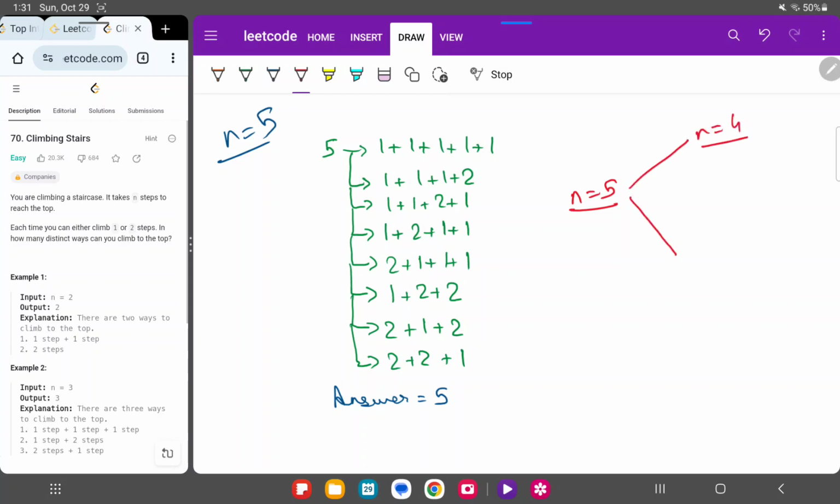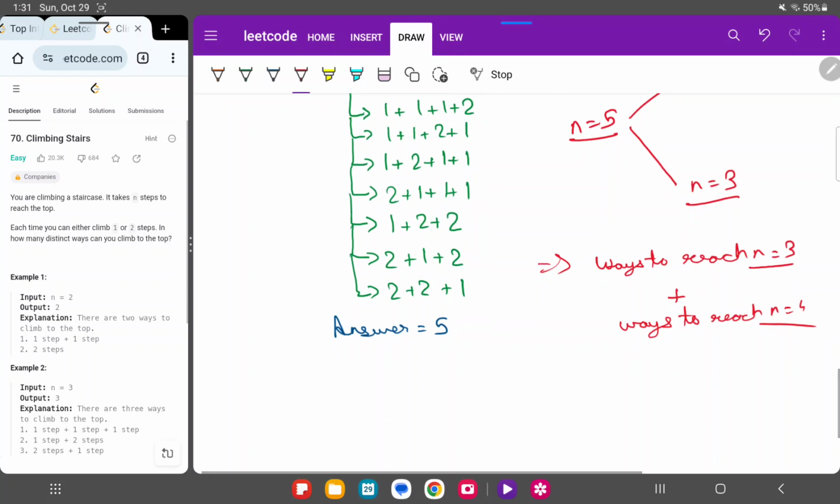What is two steps back from n equals 5? That is n equals 3. Therefore, the answer for this would be ways to reach n equals 3 plus ways to reach n equals 4. This would give us the ways to reach n equals 5.